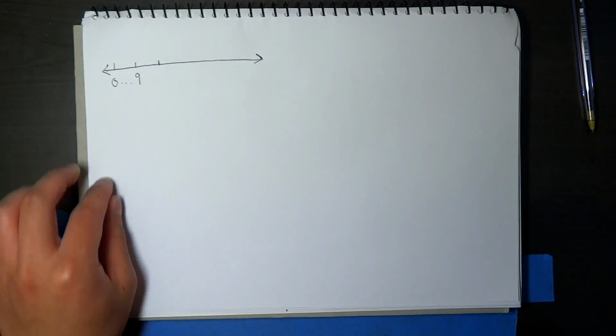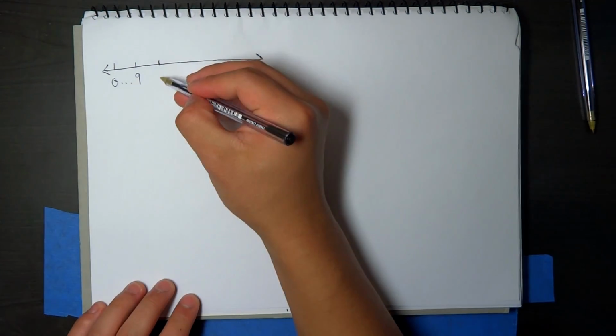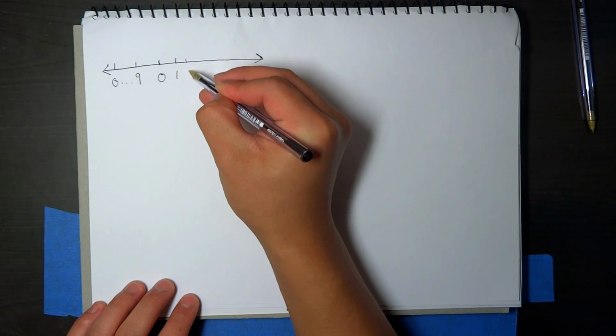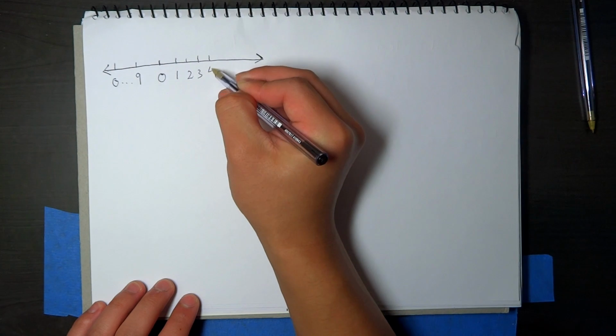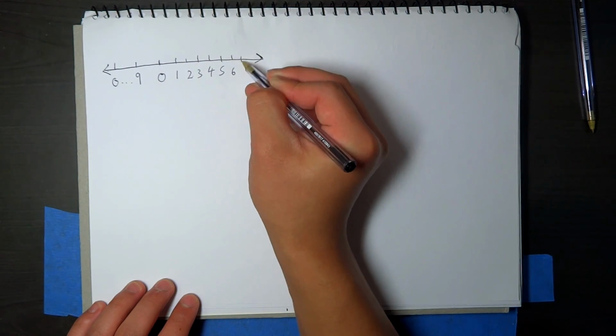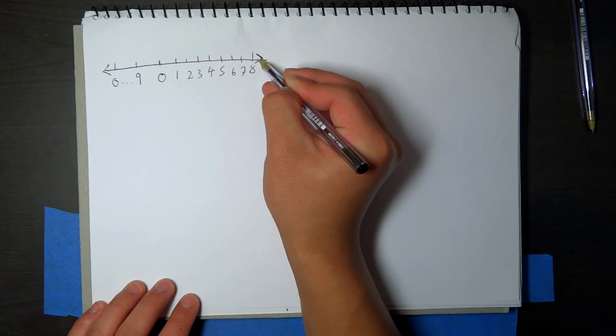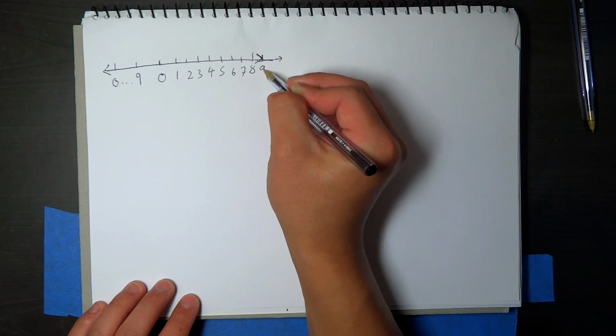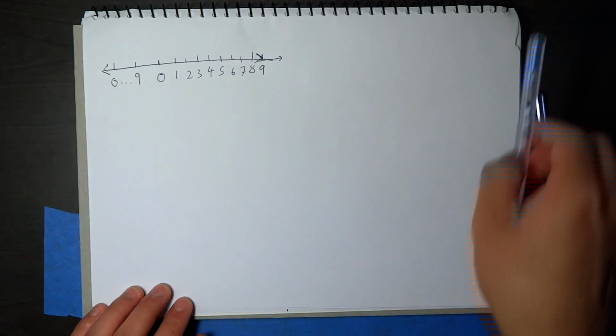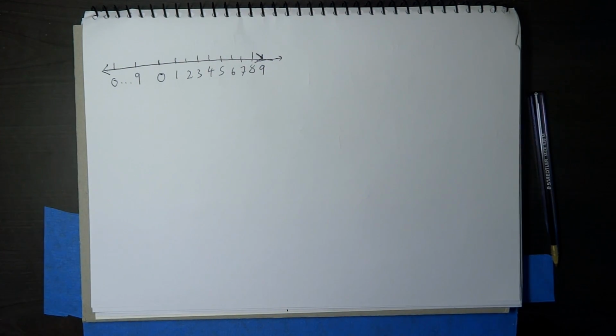And let's put down another set of numbers from 0 to 9. Oh no, I need to extend this. Okay, so that's all fine and dandy.